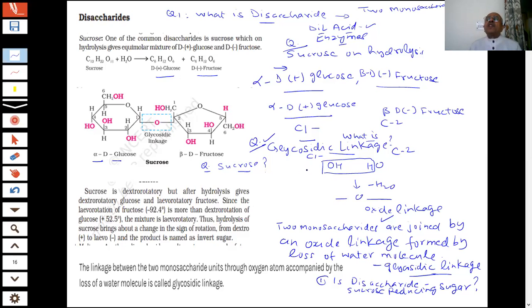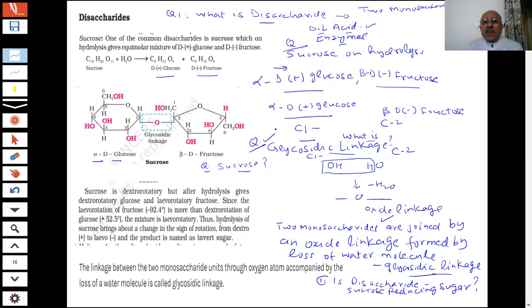If aldehyde group is free, then they will give those tests which are there for aldehyde. So in these sugars, there is no free CHO group, or neither is there a free ketonic group. Therefore, they cannot give Fehling solution test, Tollens test, or whatever test which aldehydes give, student.